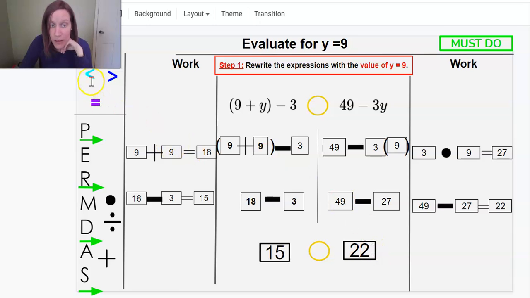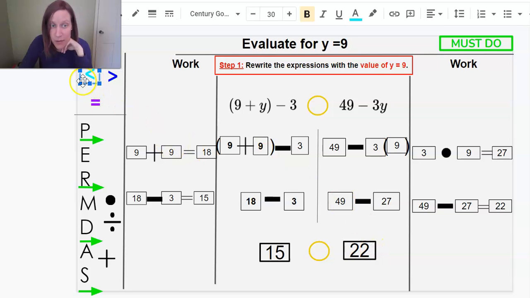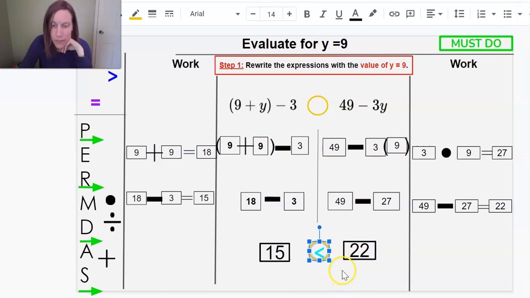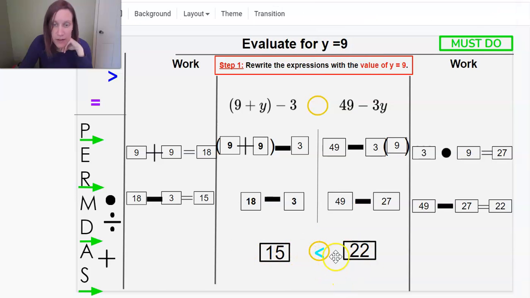So I'm going to come over here and I'm going to find my less than symbol. Hold on. I'm going to put my less than symbol right there. Okay, 15 is less than 22. And that is my final answer here. That's what I just worked out.